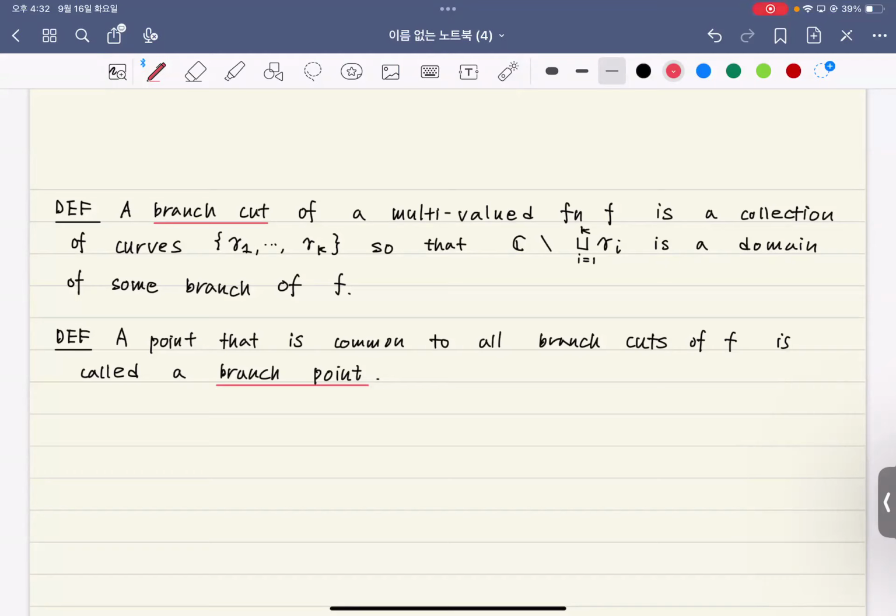If I draw the line starting from the origin and going to infinity along the negative real axis, then this complex plane minus this curve should be a branch of this square root function, right? Again, this line doesn't have to be a straight line, so your line can be something like this. But this is a completely okay branch cut of this function.